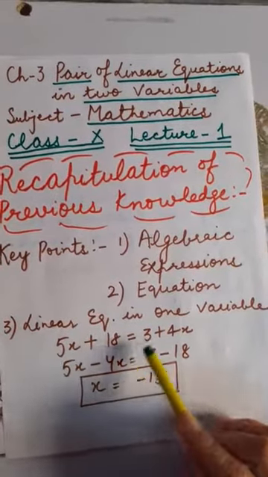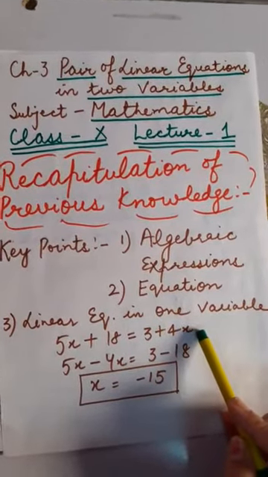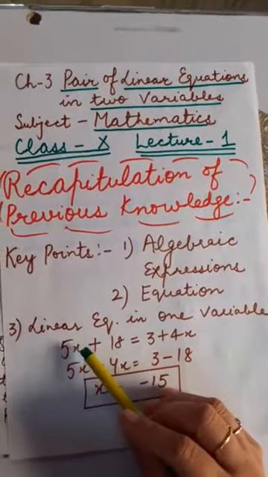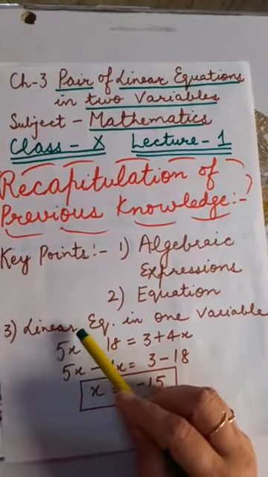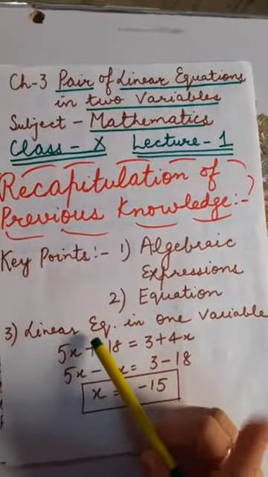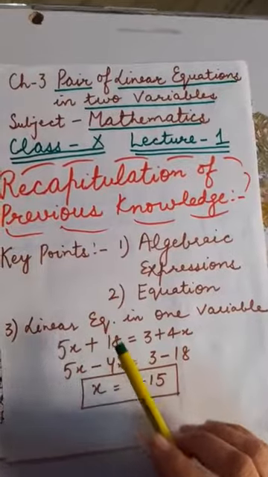And you can see that there is no other variable other than x. So this is a linear equation in one variable. And why am I calling it linear? Because here there is only one variable present and the exponent, or I should say the power, of that variable is 1. Fine. This I have explained in linear polynomials as well.